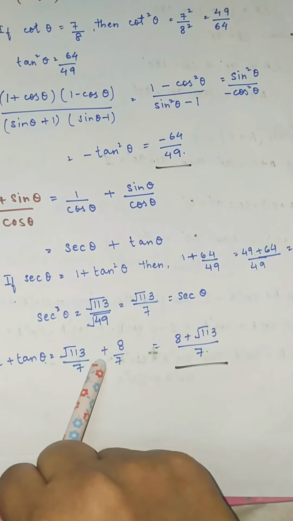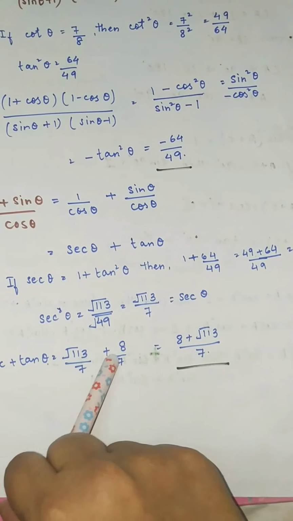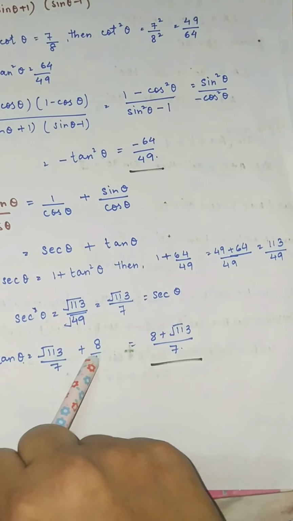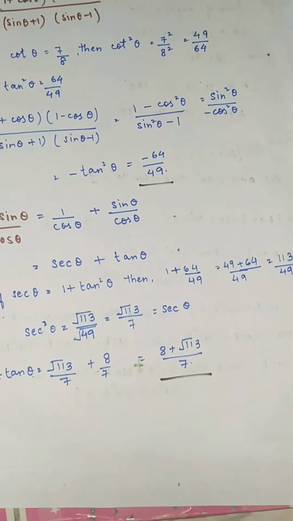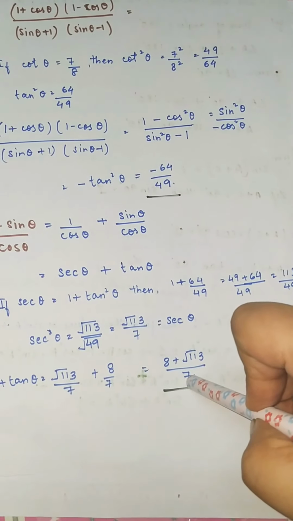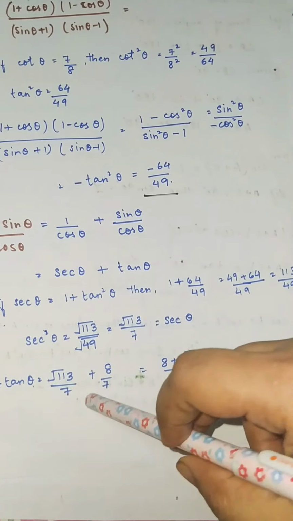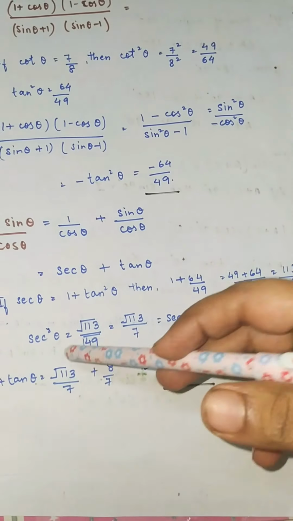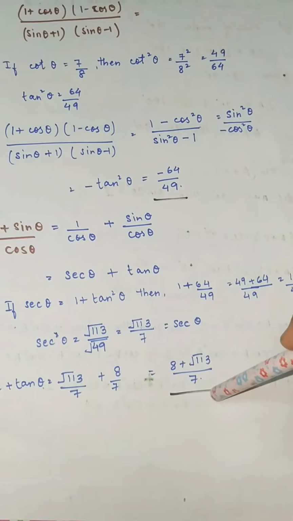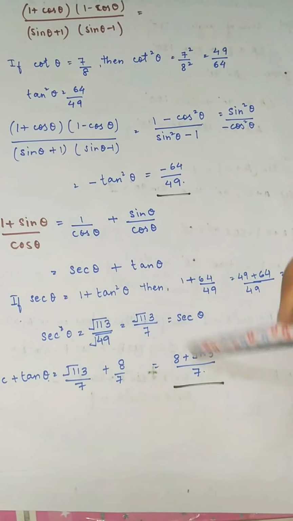What is tan theta? Tan theta is 8 by 7. Now again take LCM. If the denominator is the same, you write it once: 8 plus root 113 by 7. This is the answer.